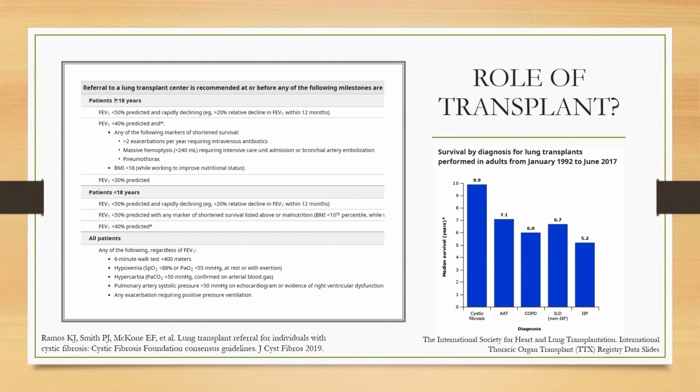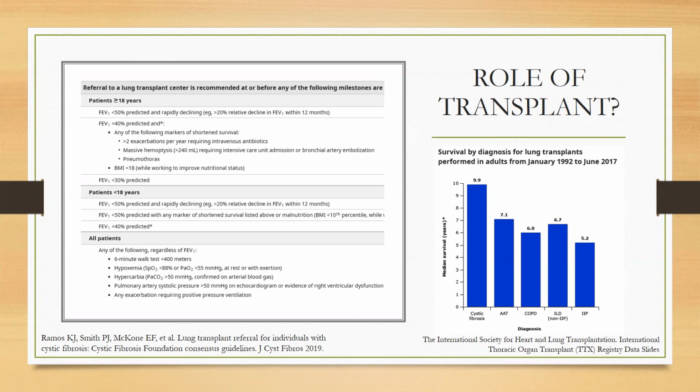Patients over the age of 18 with FEV1 less than 50 or rapidly declining, or less than 40 with poor disease progression, so more than 2 exacerbations, massive hemoptysis, or poor nutritional status. If their BMI is less than 18, they also need to be referred to a transplant center.